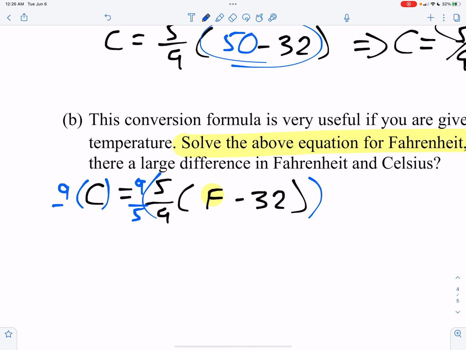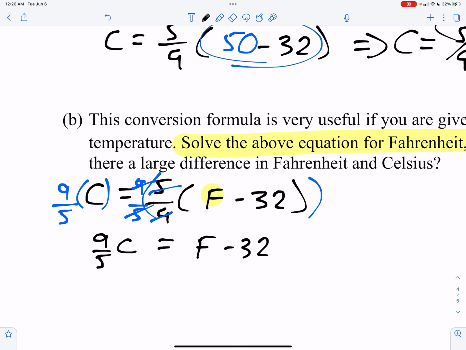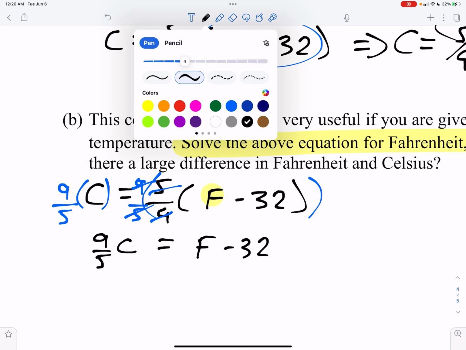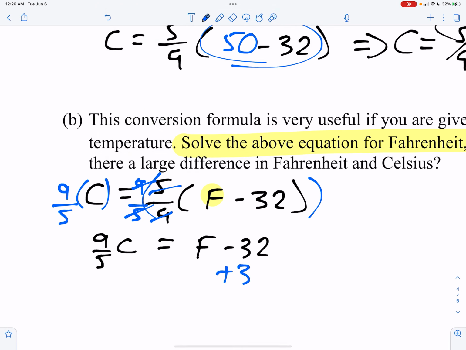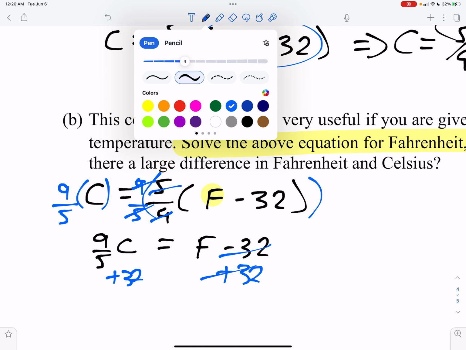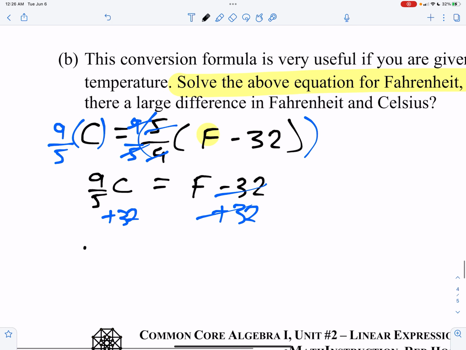So 9/5, 9/5. This cancels, and that leaves you with just F minus 32. So F minus 32 on this side equals 9/5 times Celsius on the left side. Well, your last and final step is to add the 32 to both sides, and there you have it. There's our equation for Fahrenheit.